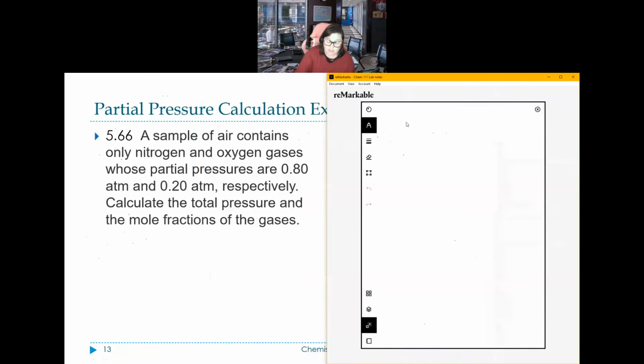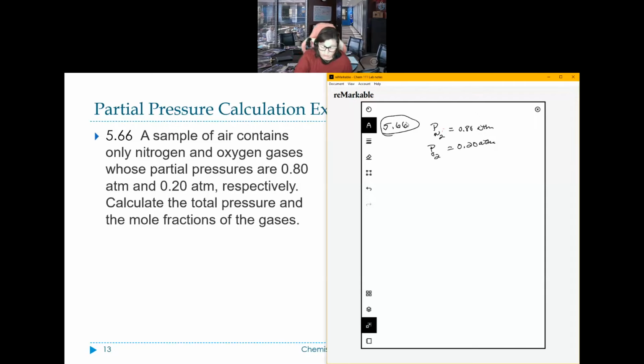For 5.66, a sample of air contains only nitrogen and oxygen gases with a partial pressure of 0.8 atmospheres and 0.2 atmospheres. So the pressure from N2 equals 0.80 atm. The pressure from O2, 0.20 atm.